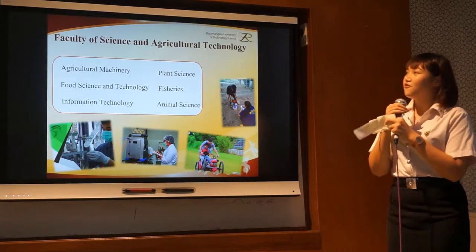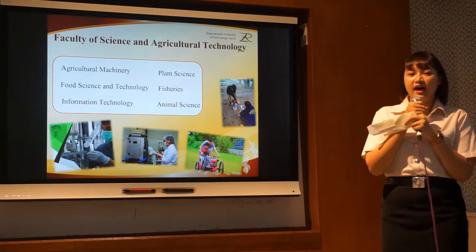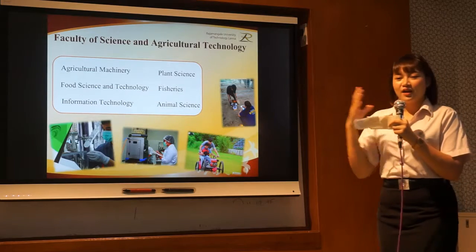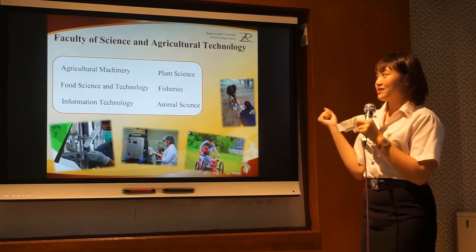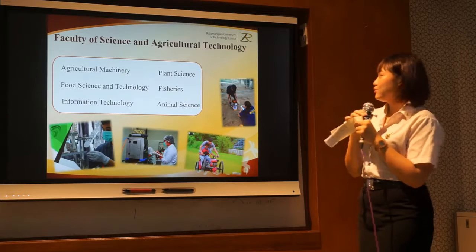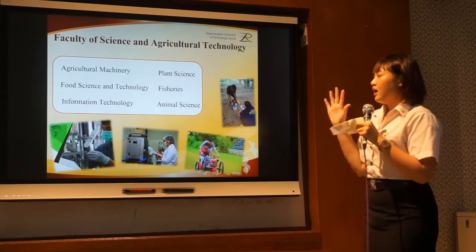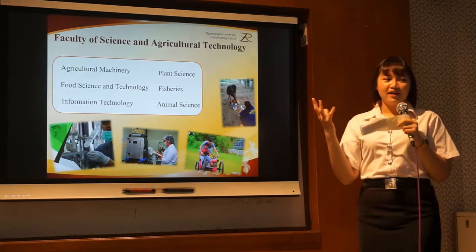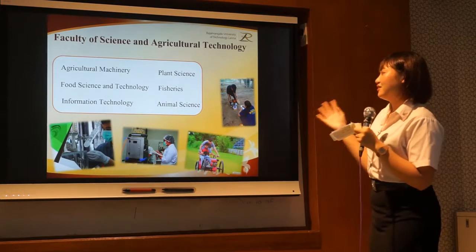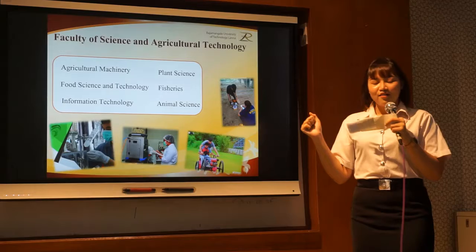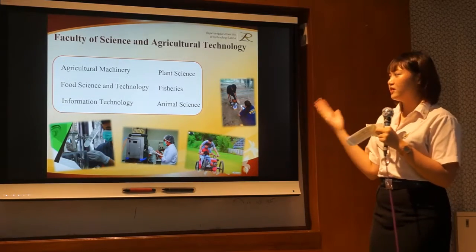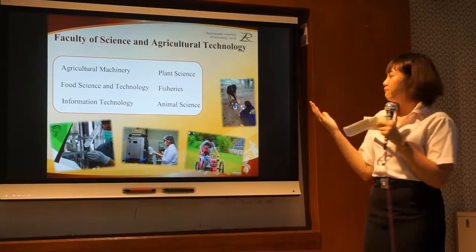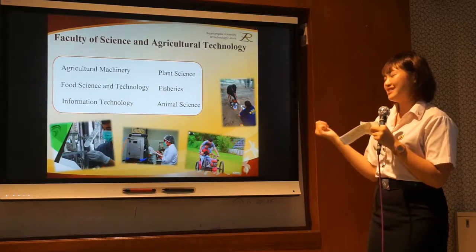And the first faculty of IMUTL I want to introduce. This is the Faculty of Science and Agricultural Technology. There are 6 faculties of agricultural technology. First, agricultural machinery.